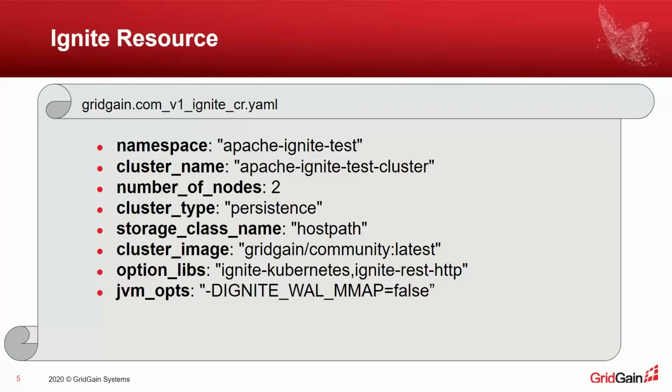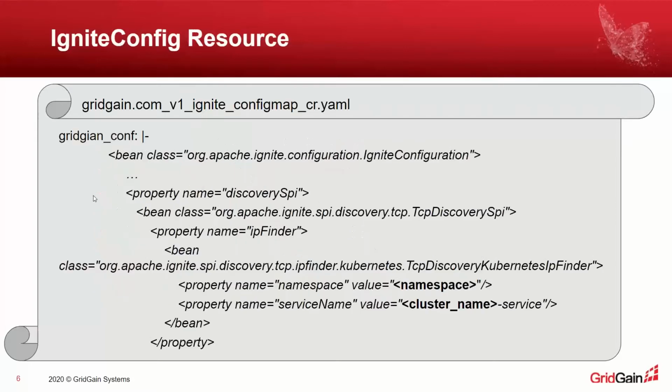cluster, and so on. The other custom resource is Ignite config, and basically it acts as a wrapper for the Ignite config XML file that you most likely will create and adjust in a non-Kubernetes world.